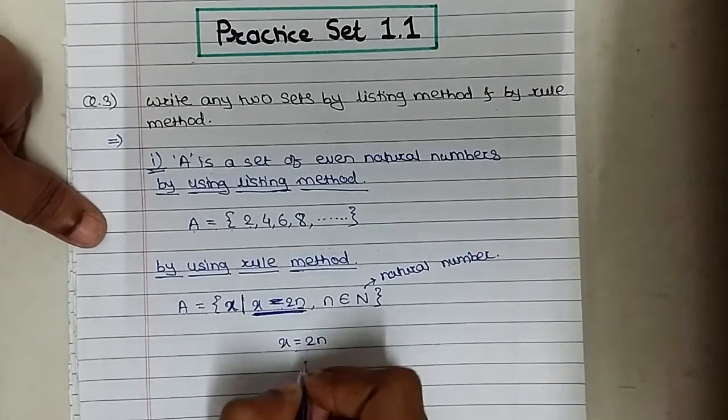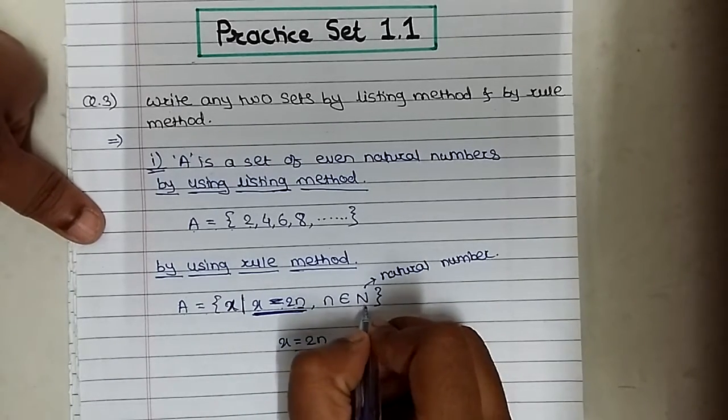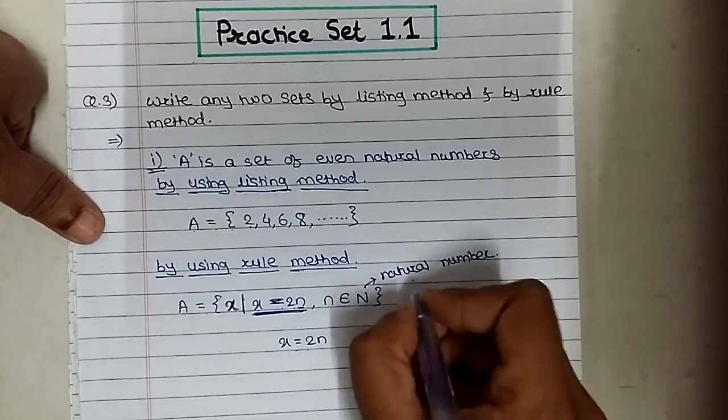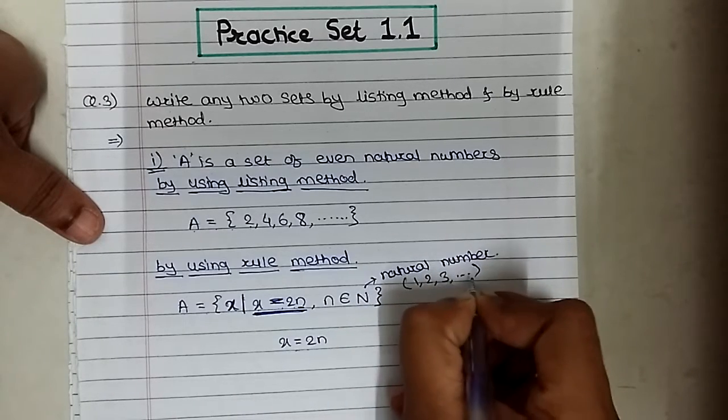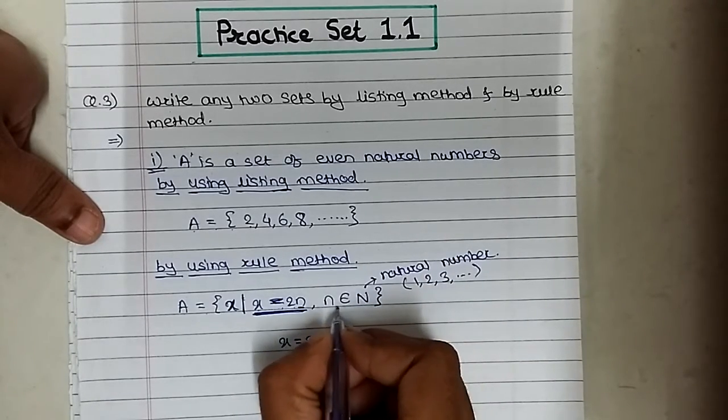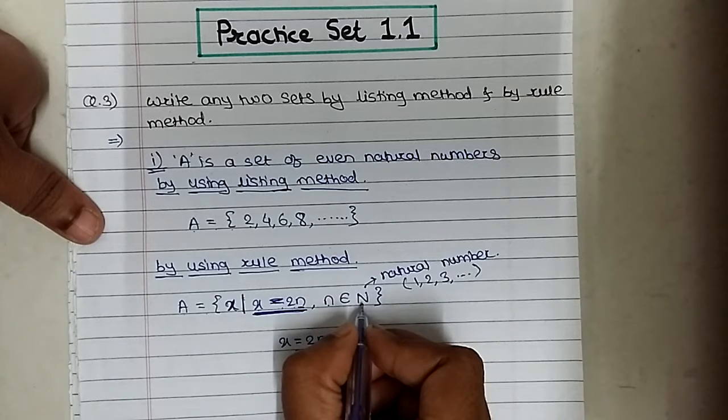First of all, n is a natural number. Natural numbers start from 1, then 2, then 3 and so on. Small n belongs to capital N, which is the natural numbers.